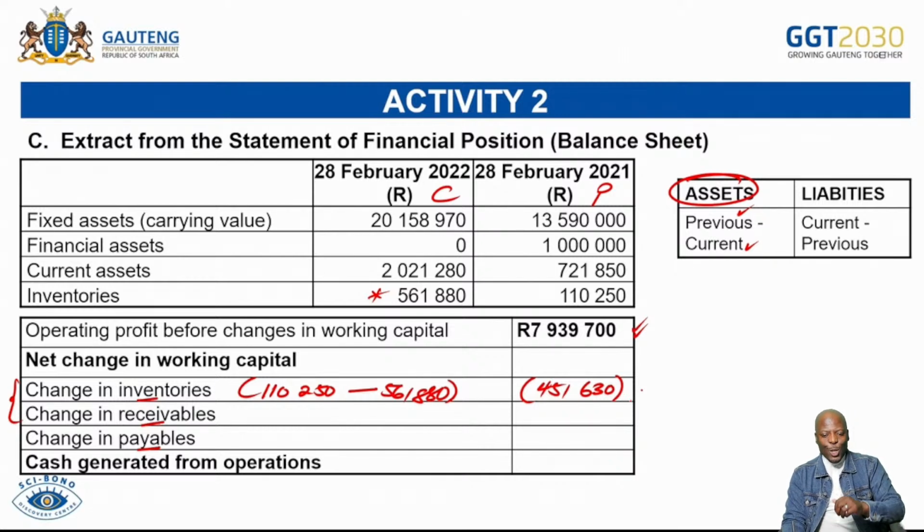Because when your inventory increases, it's a cash outflow. Remember what I said. When your inventory is increasing, it simply means your stock is coming in and your cash is going out. So it's a cash outflow in that case. I'll move on to the next aspect.